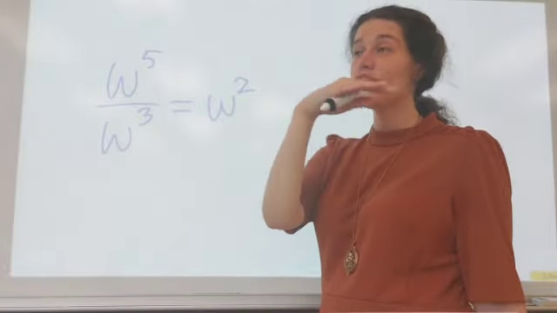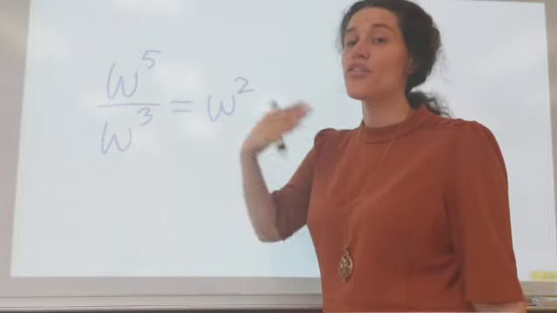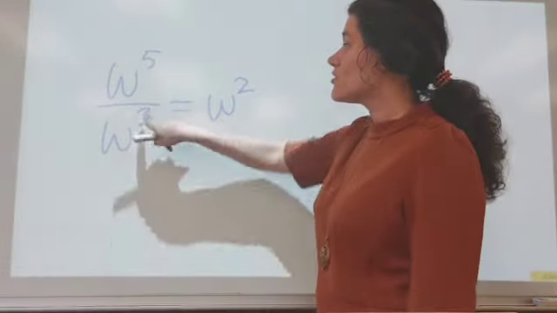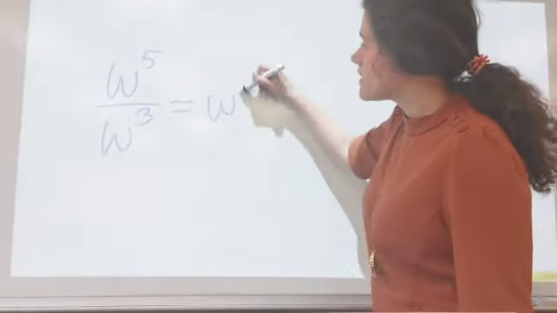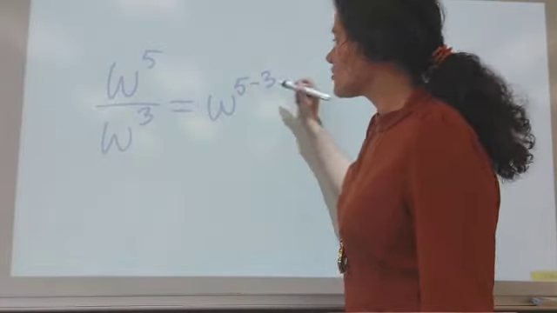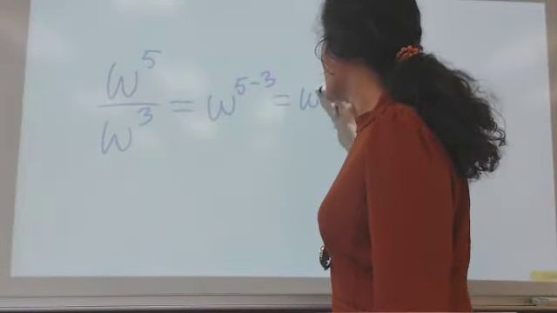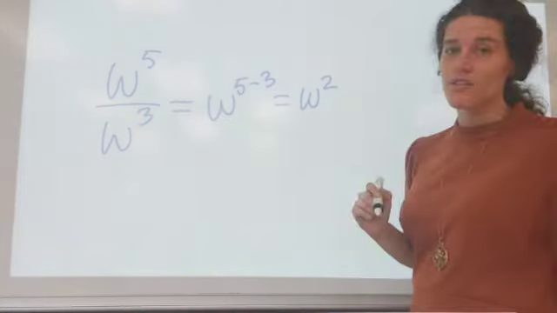I had 5 w's being multiplied, and I divided 3 of them away. So this is equivalent to 5 minus 3, and that's how I get w squared.